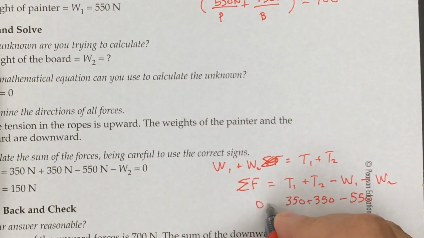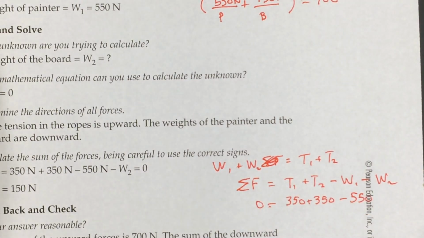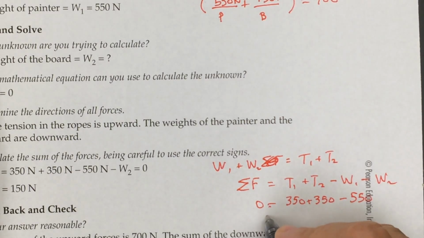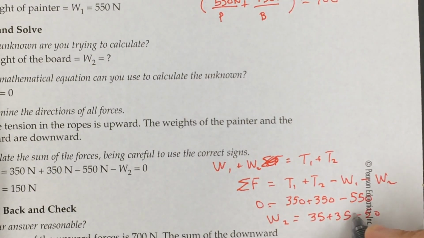And this is 0 because the sum of the forces is equal to 0. And the only thing left, when you bring all this over, you could say W2 equals 350 plus 350 minus 550, and you'll get W2 equals 150 newtons.